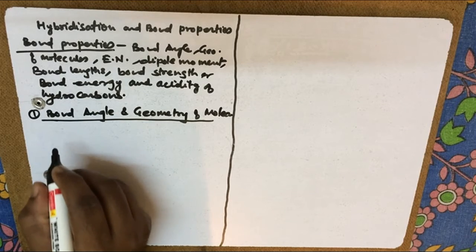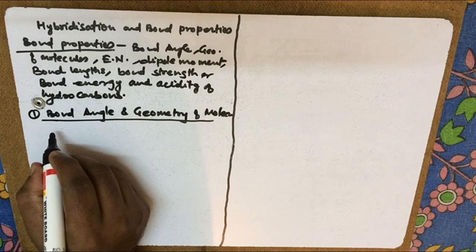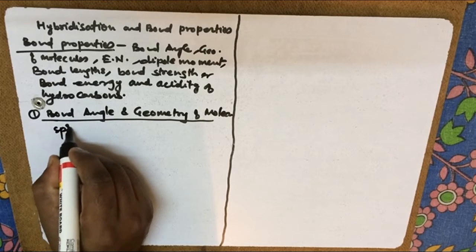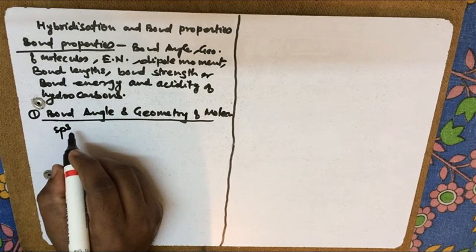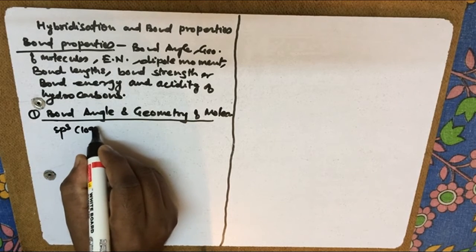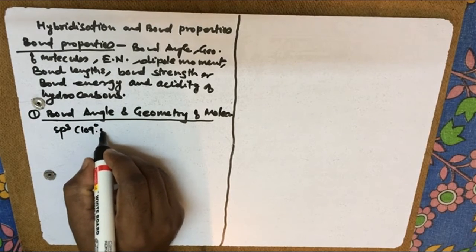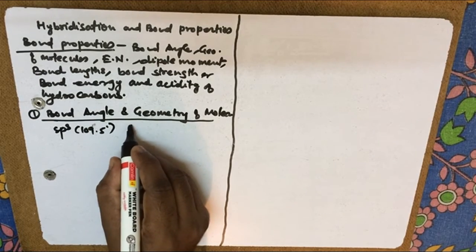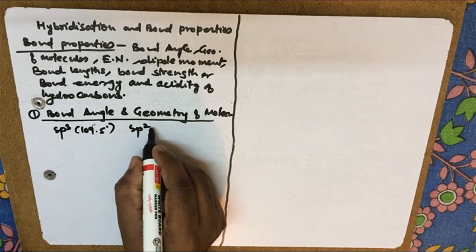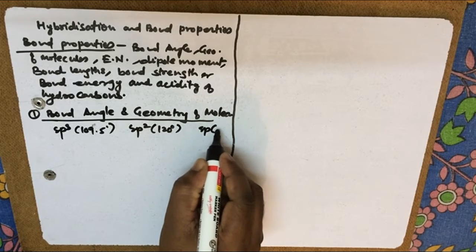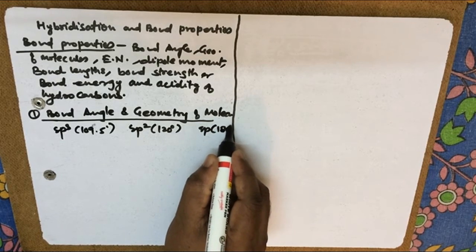Let's say you have sp3 hydrocarbons, then bond angle will be 109.5 degree, and if you have sp2 then bond angle will be 120 degree, and sp bond angle is 180 degree.